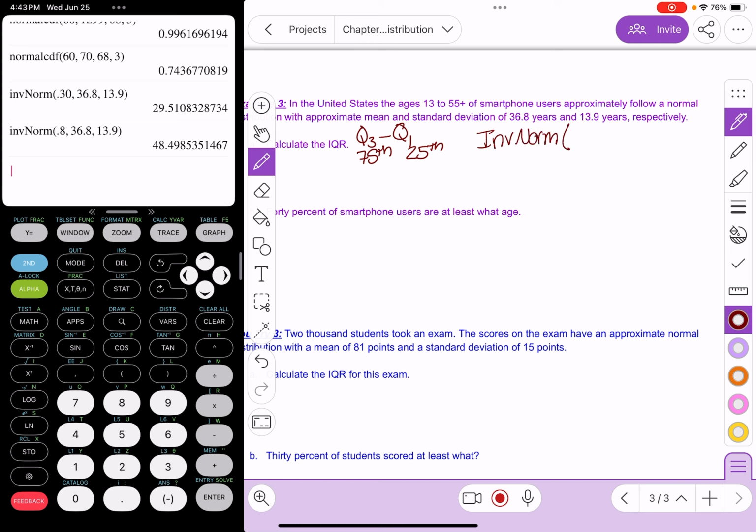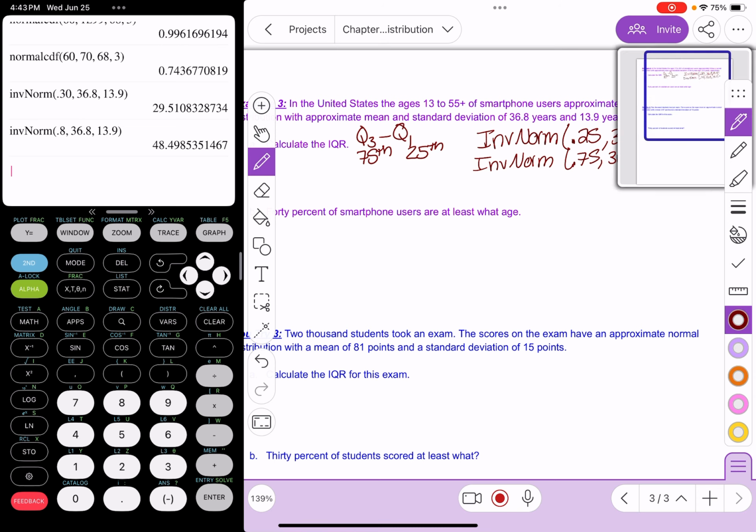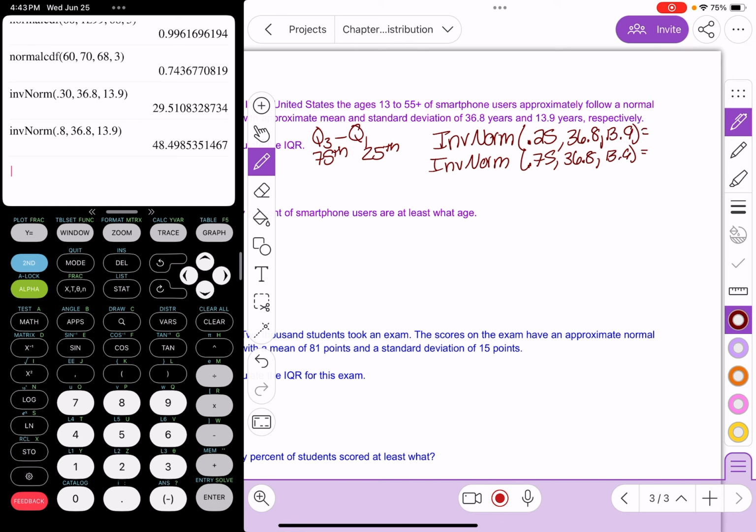So inverse norm for the 25th percentile at 36.8 and 13.9. And then inverse norm at 75%. Now, if you're using a newer calculator, and I'm not sure if the online one does this, it might have left, right, center at the bottom.